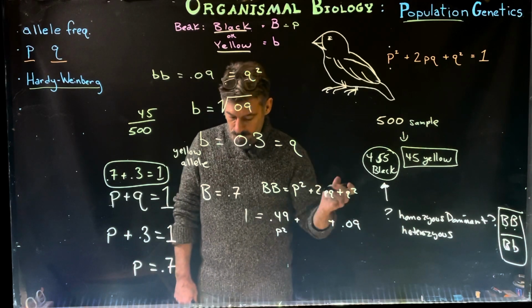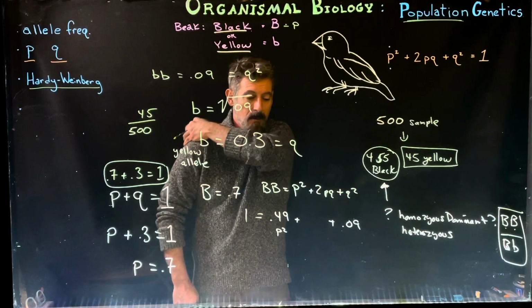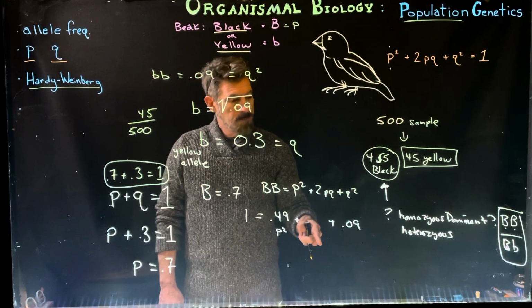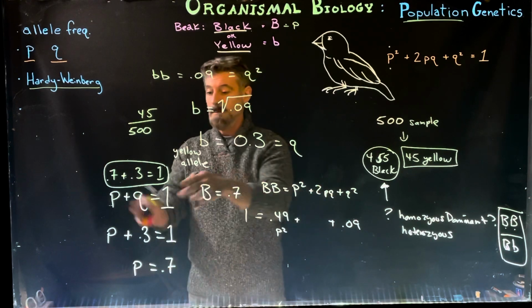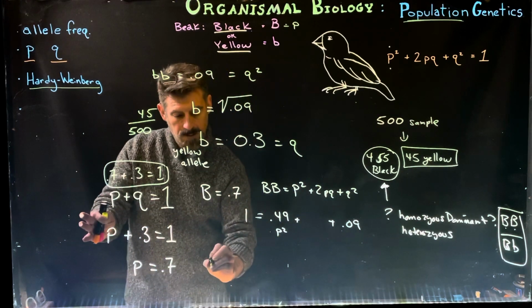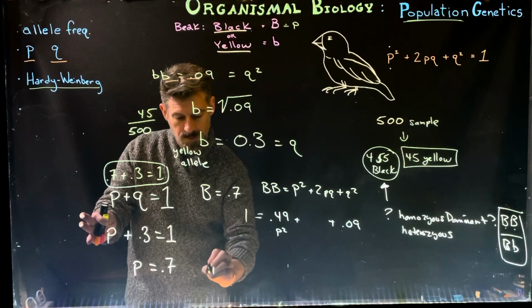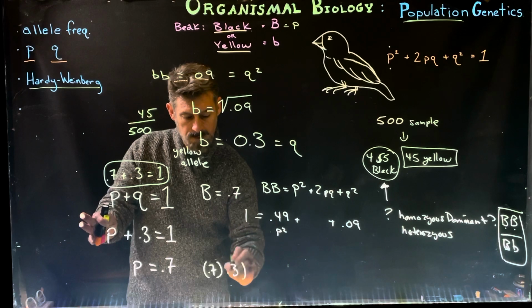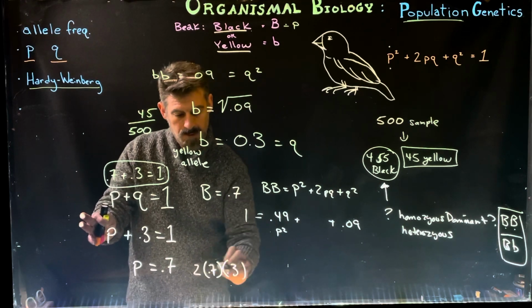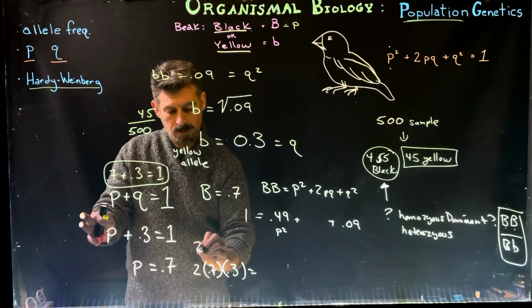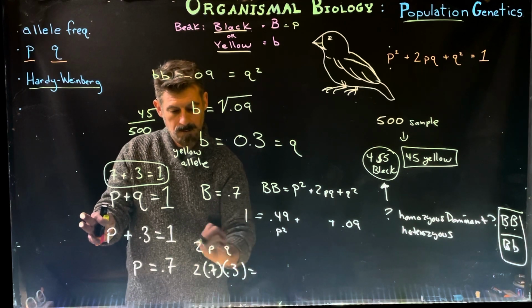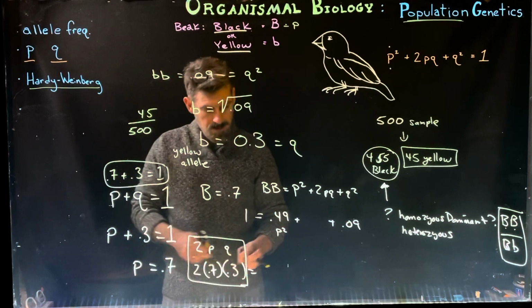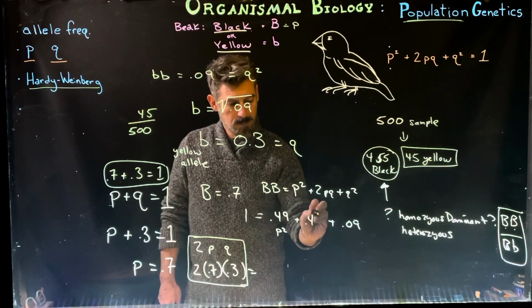And so for our 2pq, there are a couple of ways of doing it. One is you could just add these together and subtract, or we could multiply these out. So it is p, which is 0.7, times q, which is 0.3, times 2, that's 2pq. If we do that, we get 0.41.